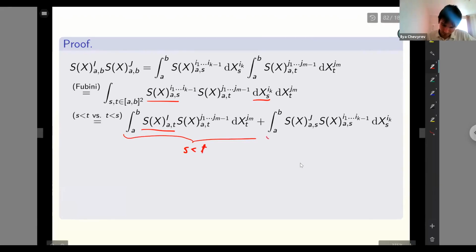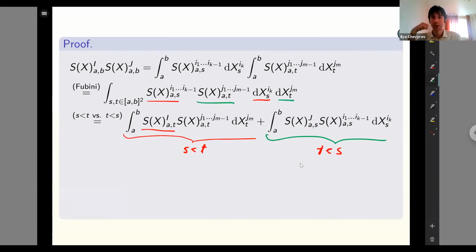Then this part here corresponds to t being less than s, in which case I do the opposite. So this in green, here I combine these two together and integrate up in t. And I don't integrate in s. I leave the integral in s as it's written.